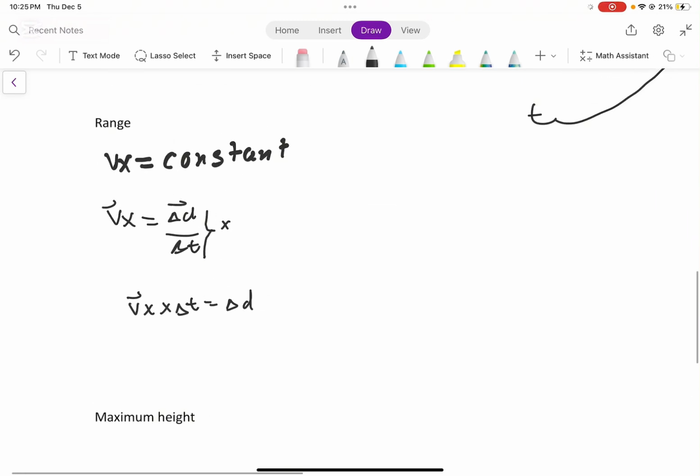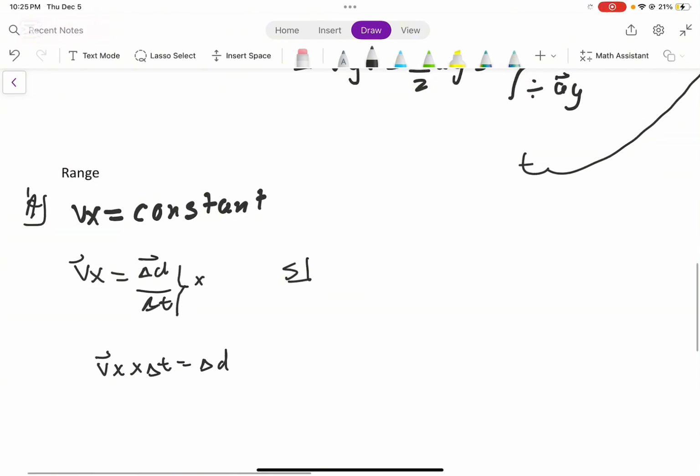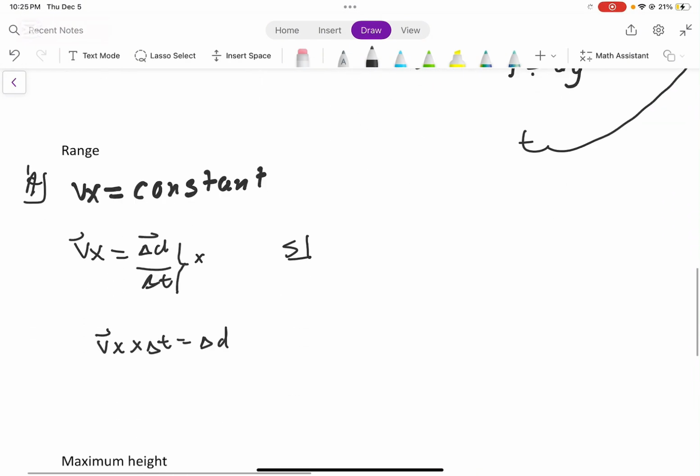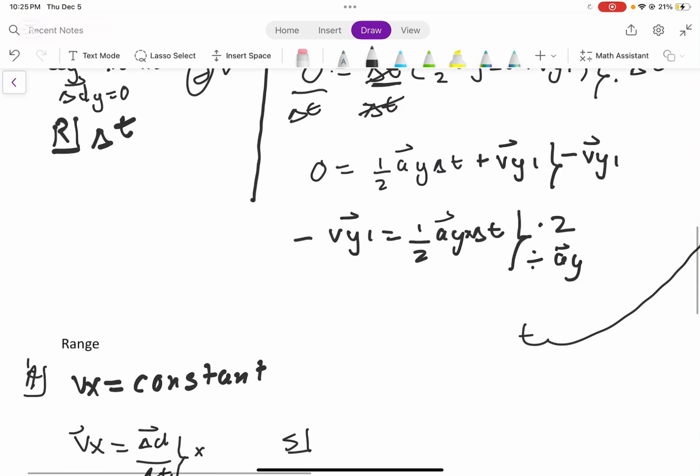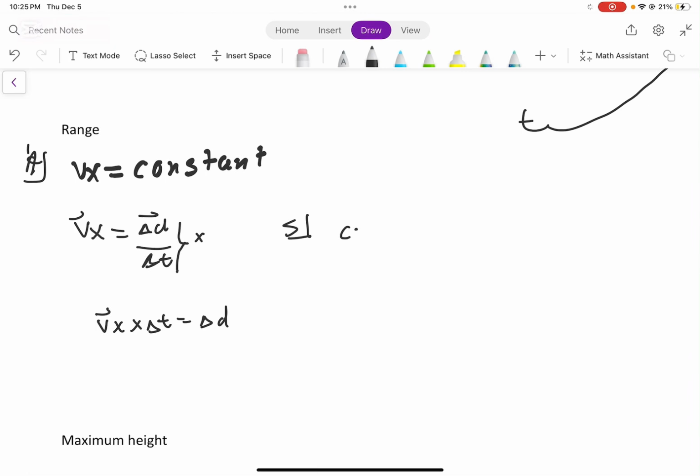Right here we can go straight into our solution. This we can call our analysis, but it's more like an explanation. Our Vx is again cos theta times V1. So cos 40 degrees times V1, which is 9.4 meters per second, multiplied by delta t, which is 1.2 seconds.